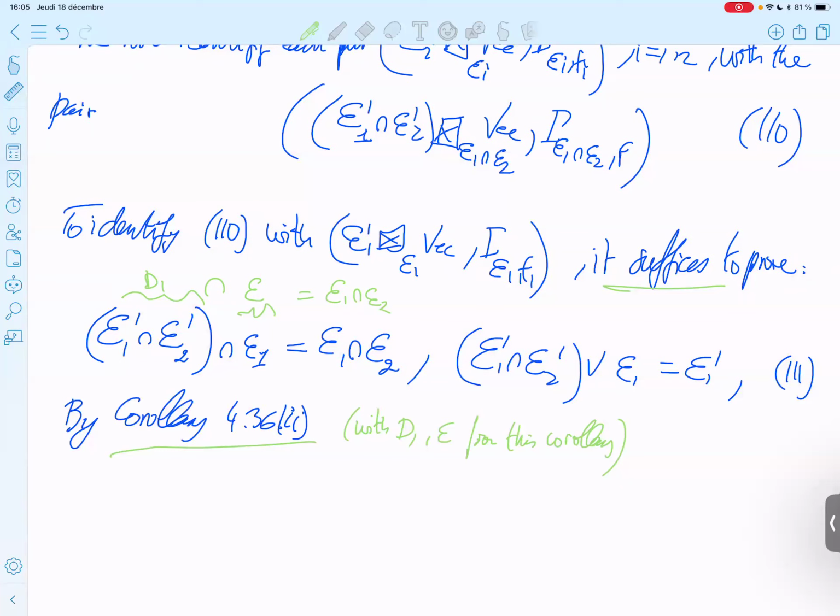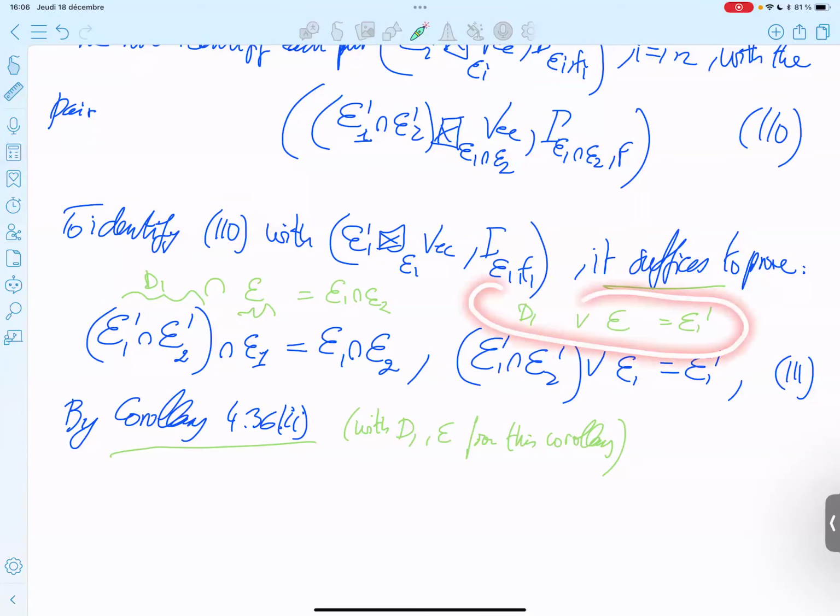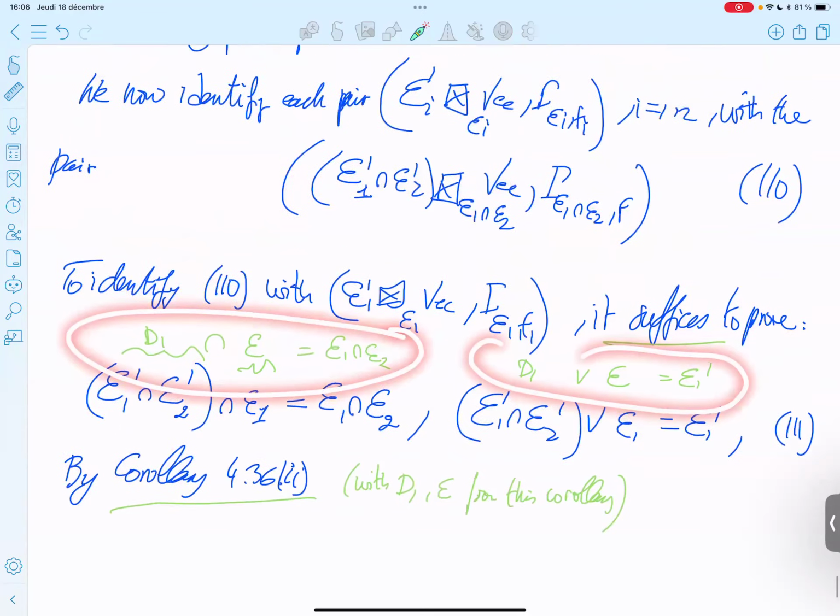And this is D1 again, D1 of E is, and in fact, as long as you have this, which is the assumption in the corollary, you get this.